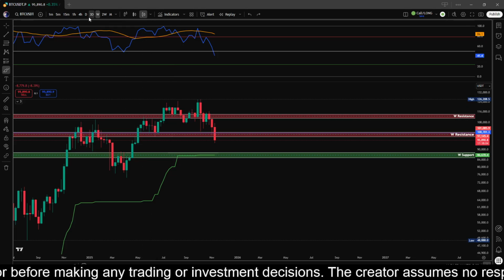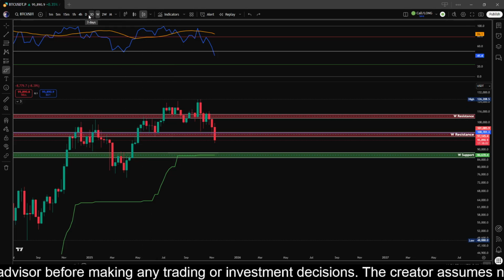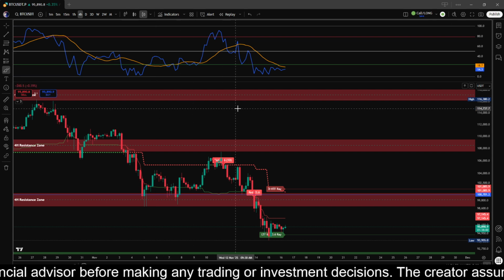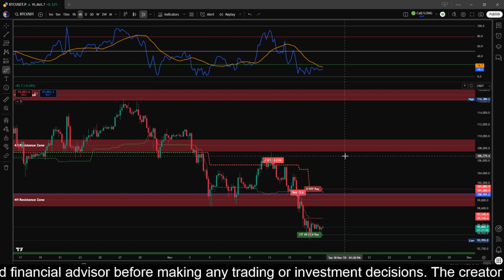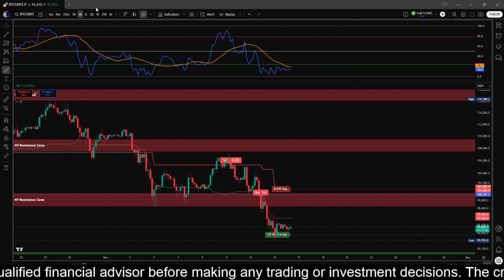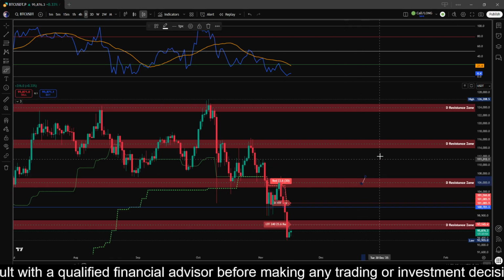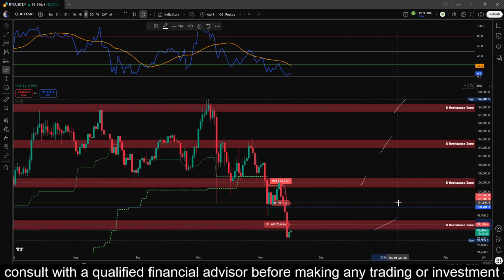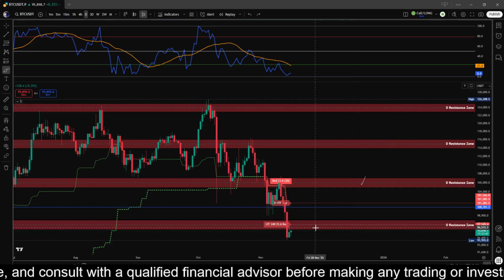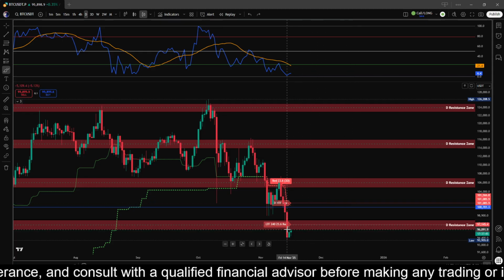So let's talk about other stuff which I talked about in my last video. I have talked about some resistance. In my case, in all the time frames, I have these zones, right? And what I said in the video is we will get a rejection here, and this is what is happening right now.